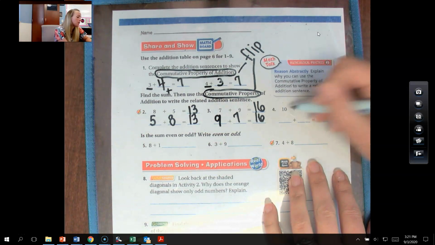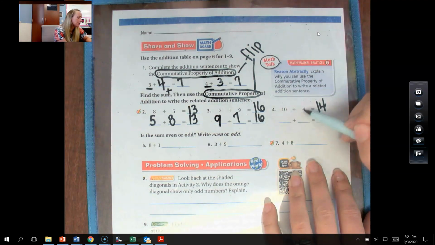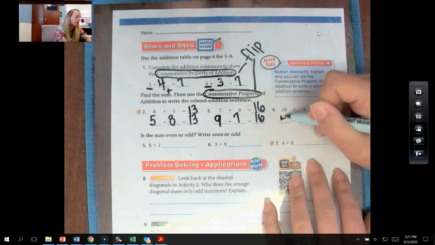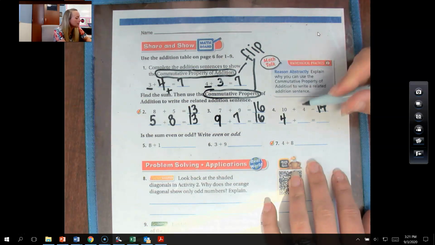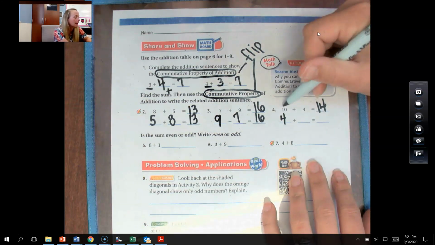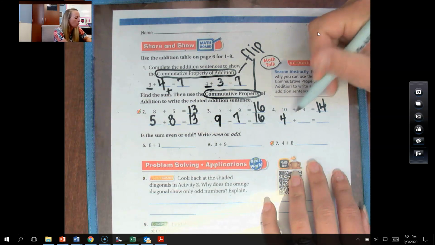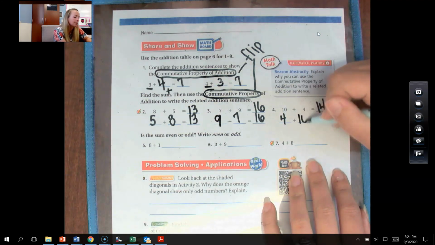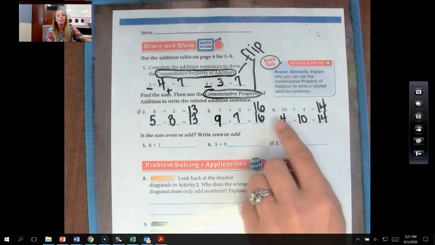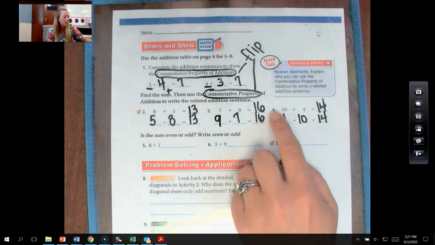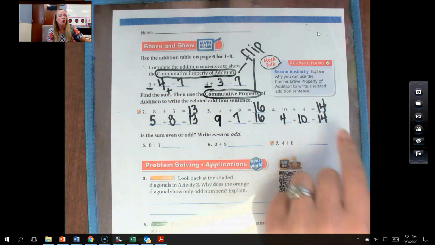First, because this started with a 10, I'm going to make this one start with a 4. 4 plus what? I have a 10 and a 4. So 4 plus 10 equals 14. I flip-flop my numbers. 10 plus 4 and 4 plus 10 both equal 14.